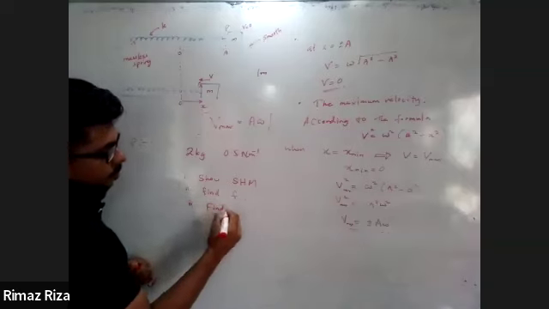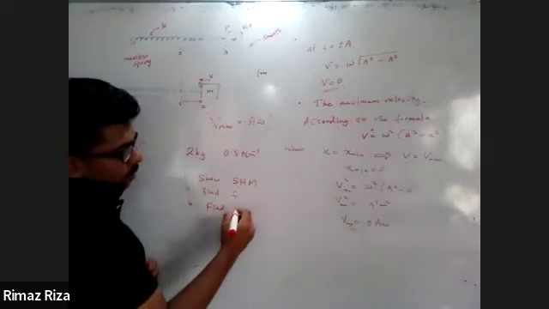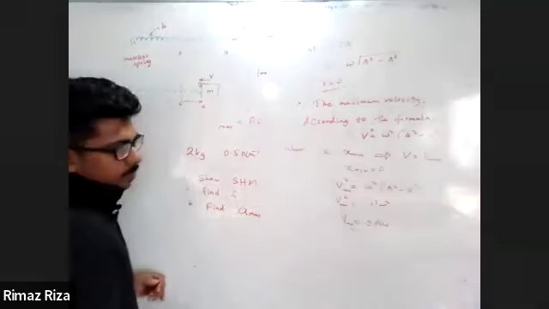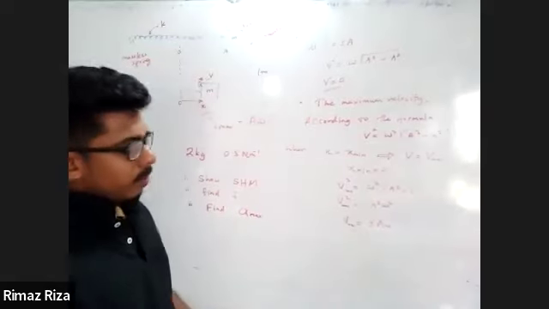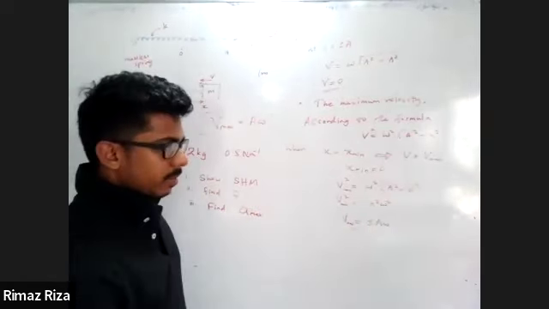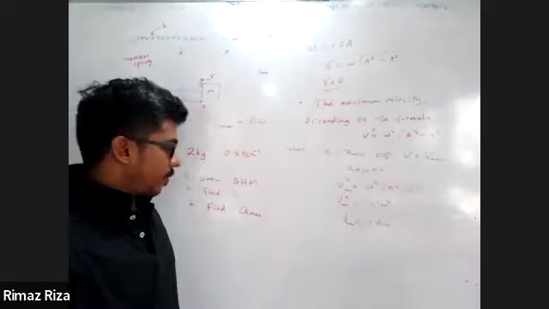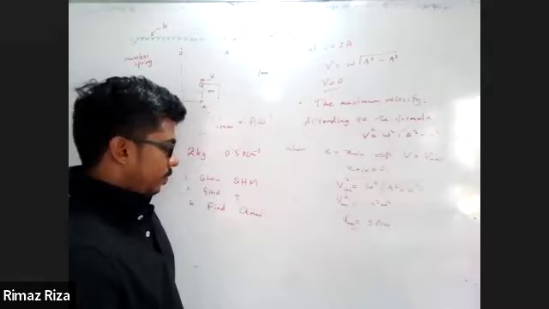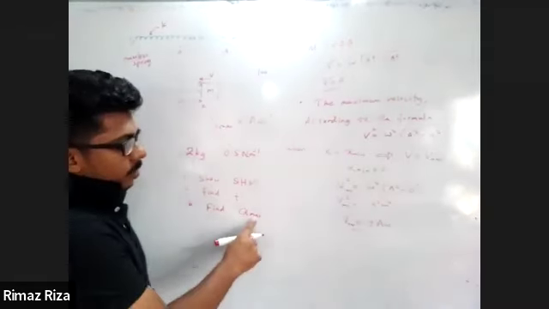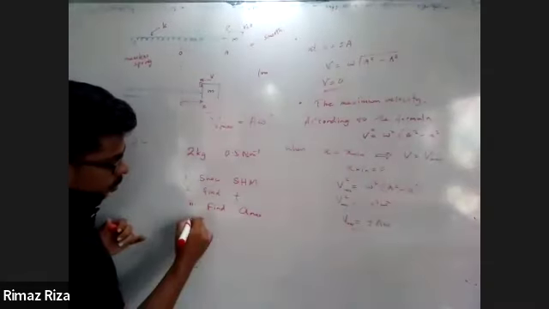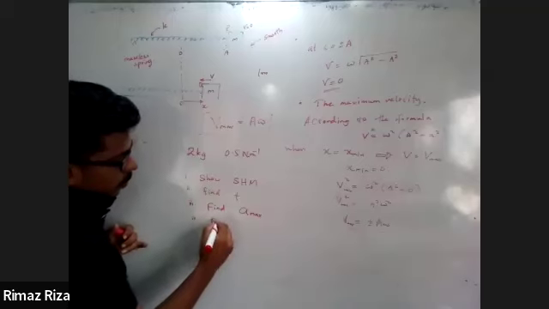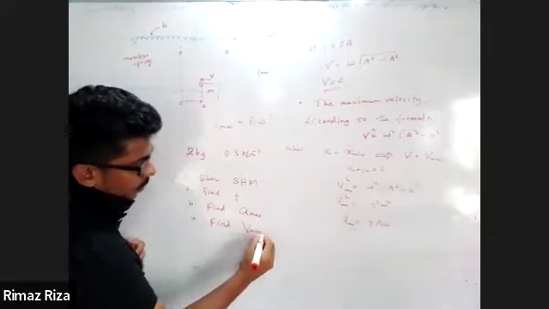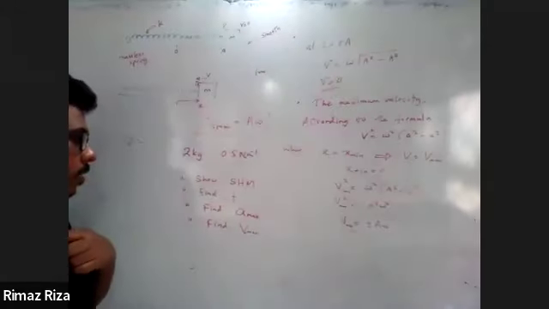Find the maximum acceleration, a max. Roman number 4. Find the maximum velocity, Vmax.